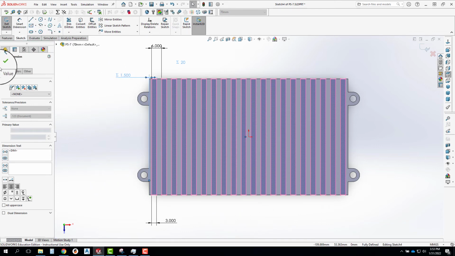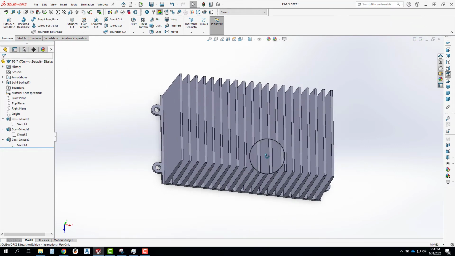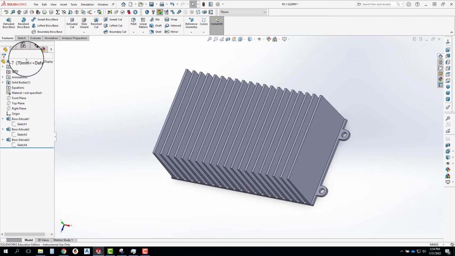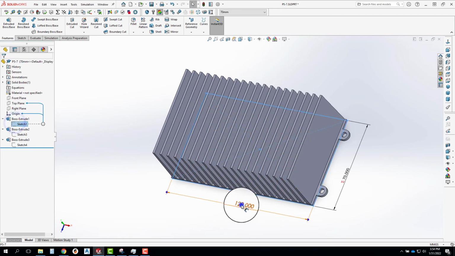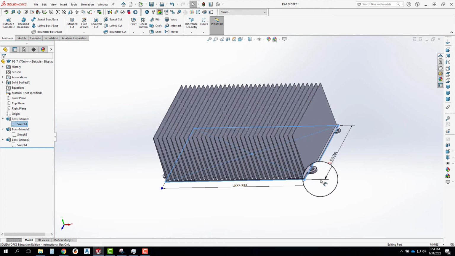So let's go back and plug in some different values and see if they all update as we would want. Let's rebuild this. Okay, so here's our original version. And now let's change this to be 200. It looks like it's scaled the depth, which is supposed to be half of this plus 10, so that'd be 110. That's great.